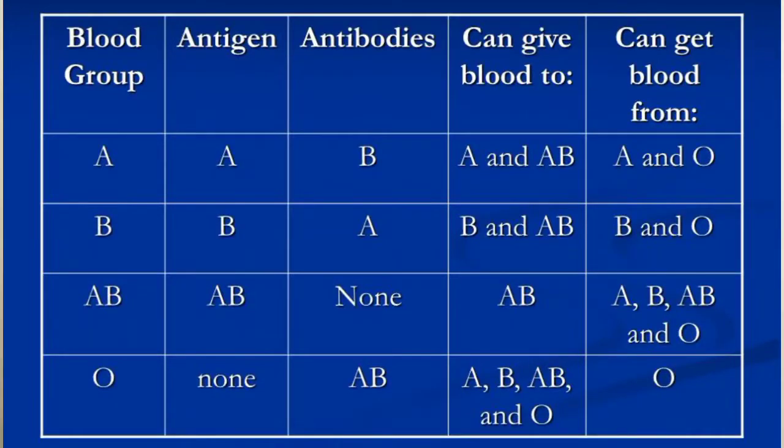Blood group A can give blood to blood group A and blood group AB, but can only receive blood from blood group O and A. Blood group B can give blood to blood group B and AB, but can receive blood from blood group B and O.